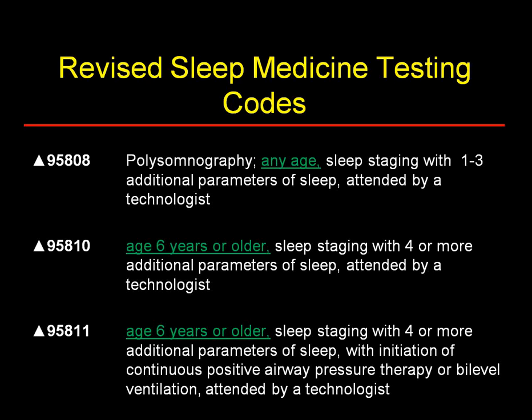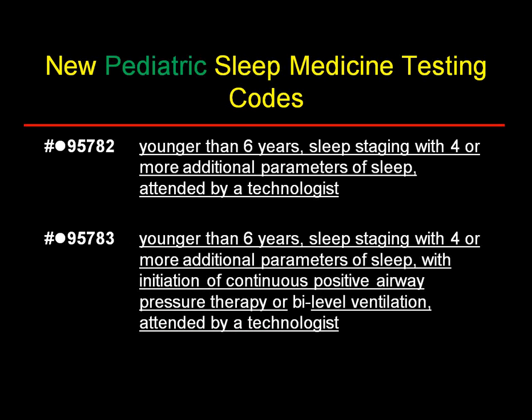And for limited sleep studies, there's no specific dedicated pediatric code, and therefore all the age ranges are grouped into the 95808 polysomnography with sleep staging and only up to three additional parameters rather than a full sleep study with 4 or more additional parameters. Next slide.